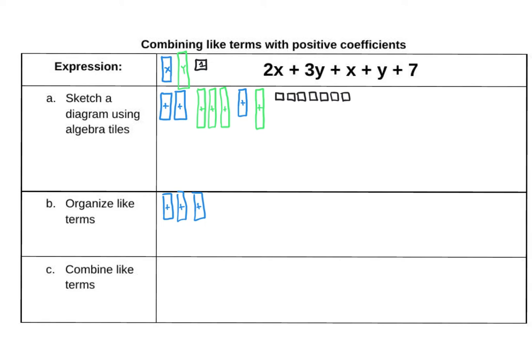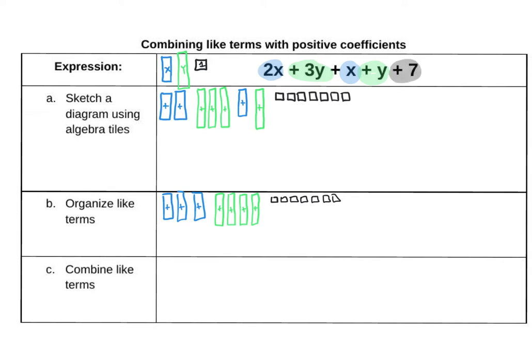So because I had 3 x tiles total, I'll put those together and you can also see there's those 2 right there and one more right there. Okay, now I'm gonna smush all of my y tiles together. So there we go, we have those 3 y's and then one more y. And lastly, we don't really have to combine our constant because there's only one of them. So we have 7 ones pieces.